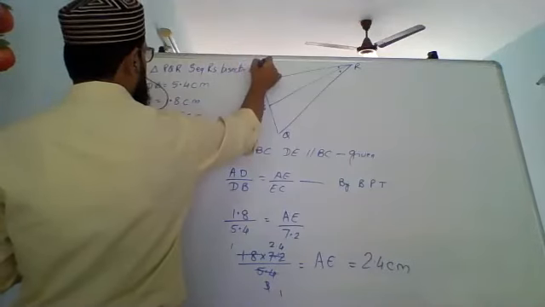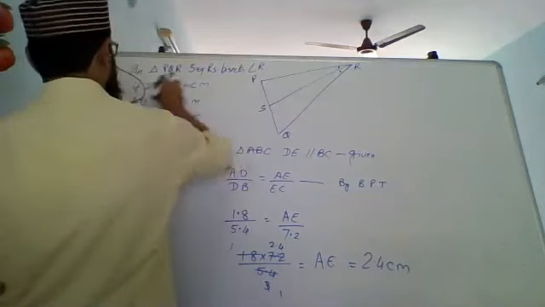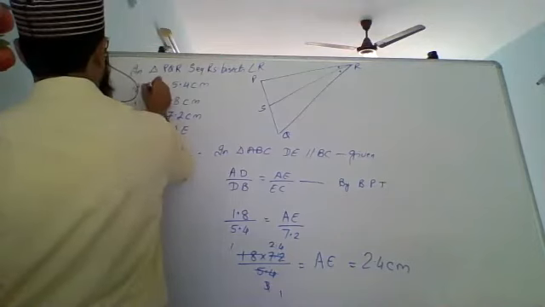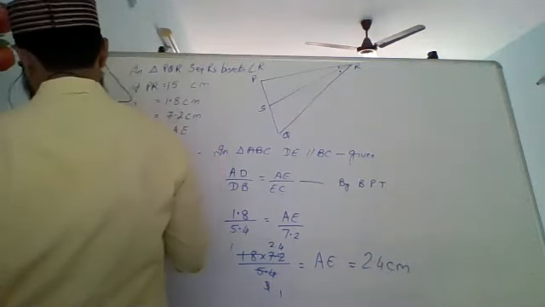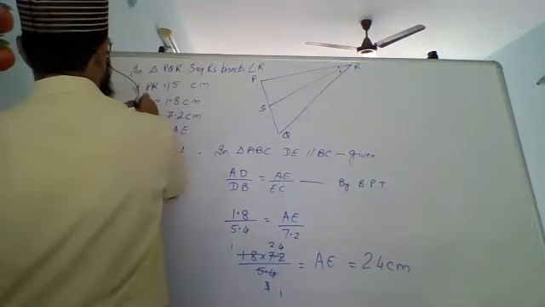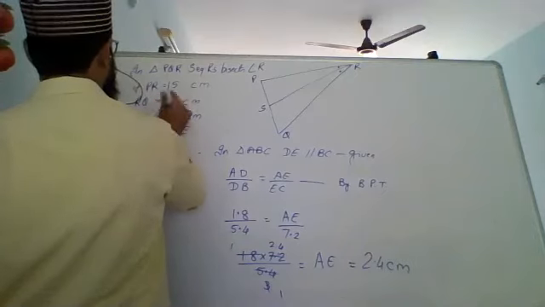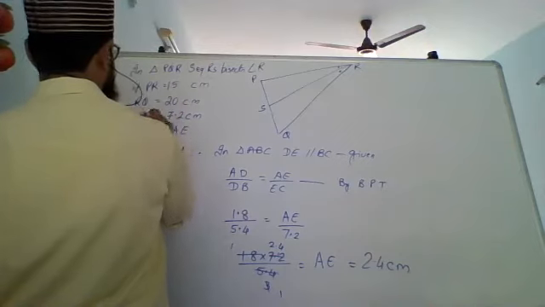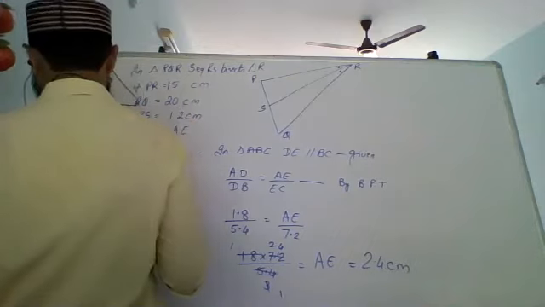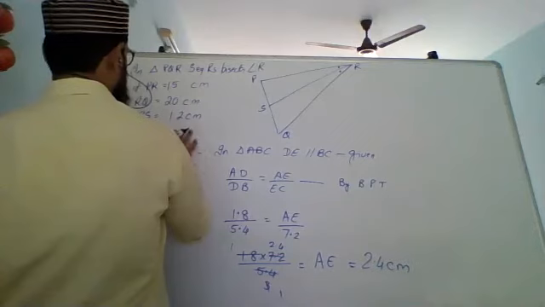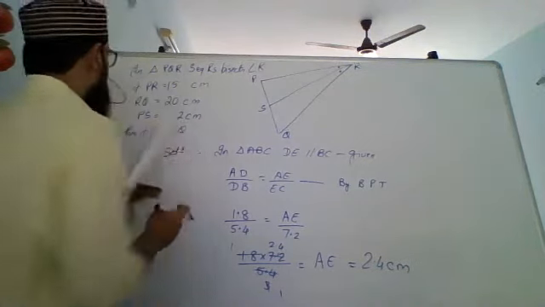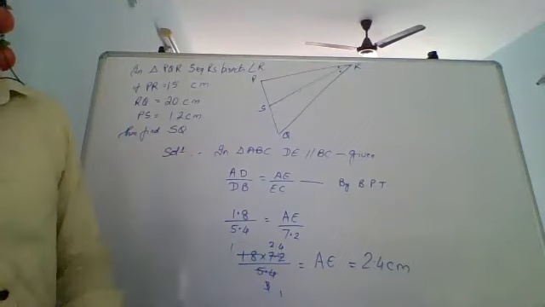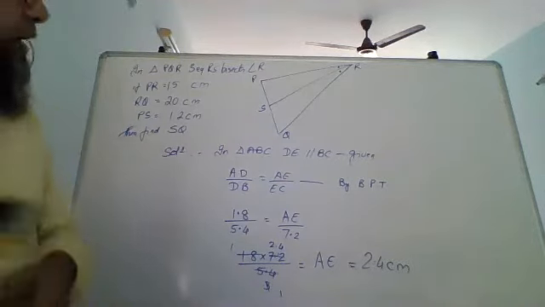In triangle PQR, segment RS bisects angle R. If PR is 15, RQ is 20, PS is 12, then find SQ.